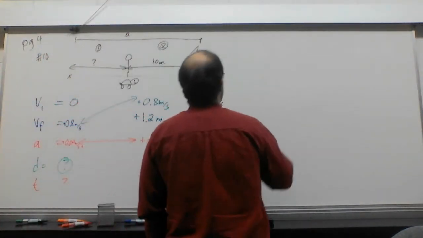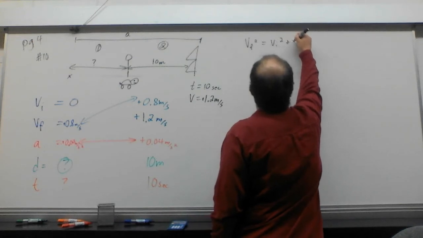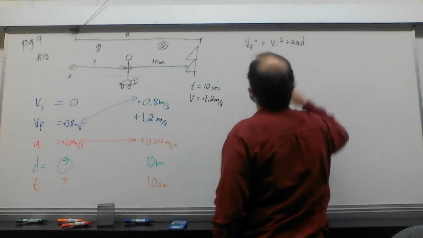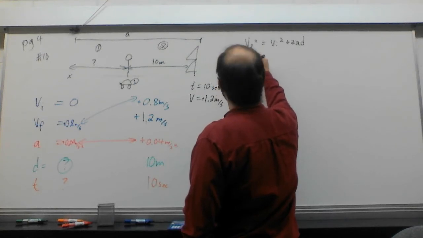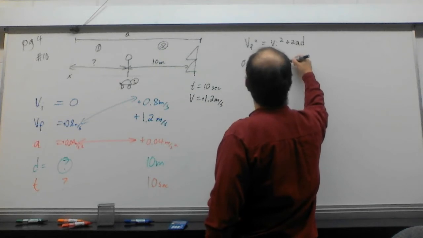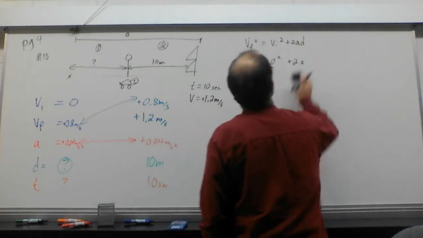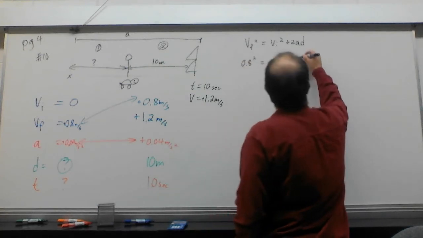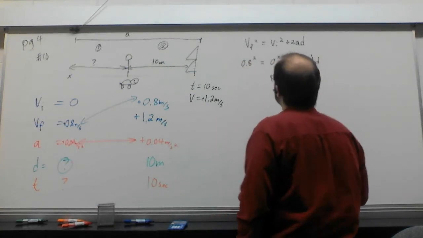So we set up our equation. v_f squared equals v_i squared plus 2ad. v_f is going to be 0.8 squared equals v_i, 0, squared plus 2 times a, which is 0.04, times d.